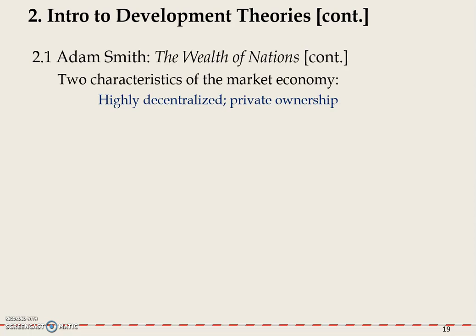Okay, and there's a fundamental transition for the Chinese economy from the centrally planned socialist economy to a relatively free market economy. Over there, we're going to discuss again more in depth about these two characteristics. Another thing Adam Smith mentioned in his book is the role of state.